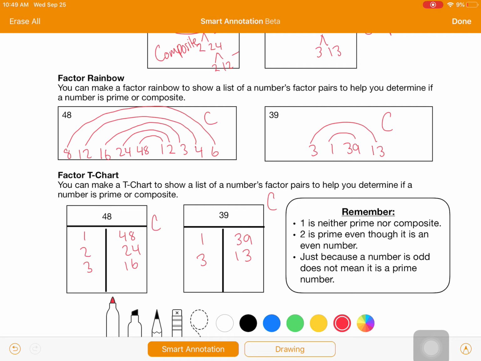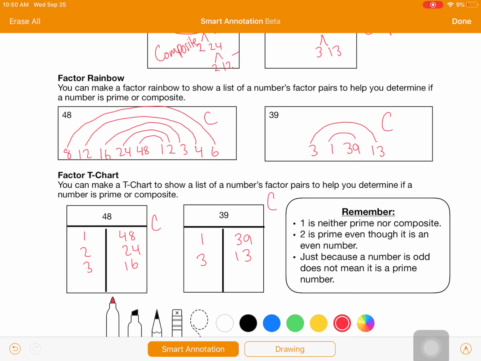So when it comes to prime and composite numbers, here's what we have to remember. The number 1 is neither prime nor composite because it is not greater than 1, and it doesn't have more than 1 factor. The only factor of 1 is 1 and itself. So 1 times 1. It doesn't have 2 different factors. 2 is prime, even though it's an even number.